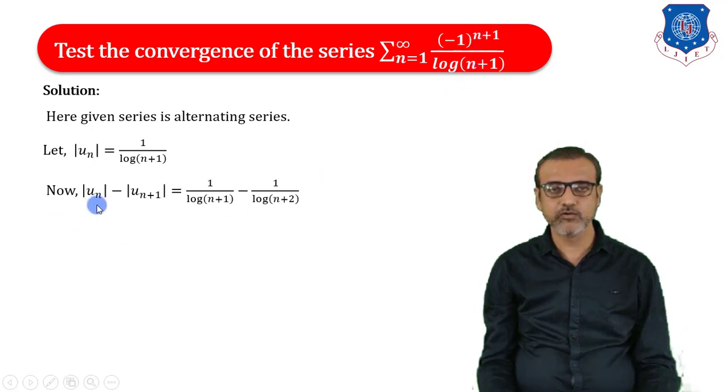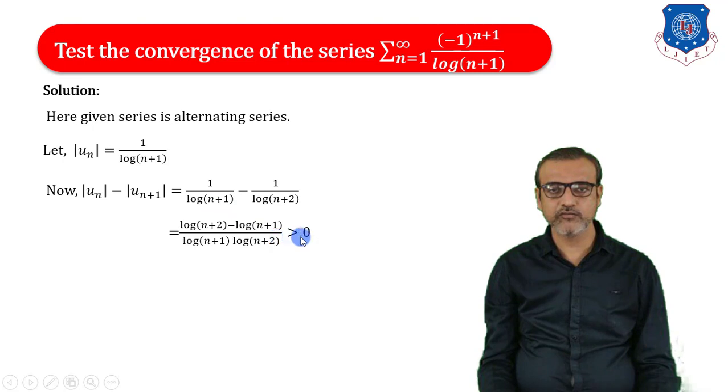Now we will find |u_n| - |u_(n+1)|, and this is equal to 1 upon log(n+1) minus, for u_(n+1) we replace n by n+1, so it becomes 1 upon log(n+2). Now taking the LCM, log(n+1) times log(n+2), multiplying this one by log(n+2), then after this minus sign, multiplying this one by log(n+1).